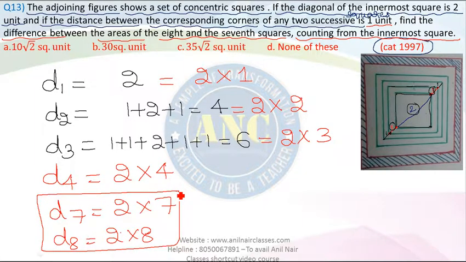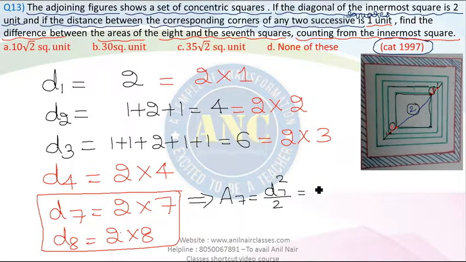The question says you need to find the difference between the areas of the 7th and 8th squares, not the difference of diagonals. So area of the 7th square is nothing but diagonal squared divided by 2. That means 14 squared divided by 2.